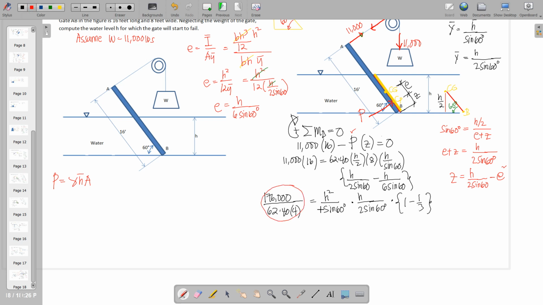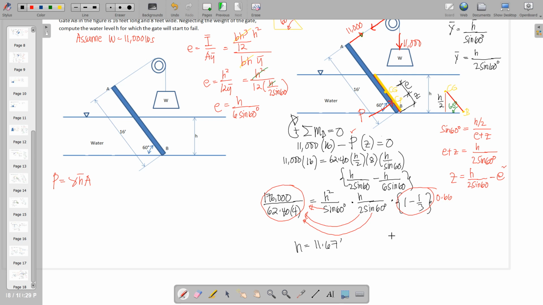After getting the value of this, we can multiply it by sine 60 by cross multiplication, multiply it by 2, multiply it by another sine 60, and then this one is 0.66. We divide this answer by 0.66, and then we get the cube root. That will be our H.